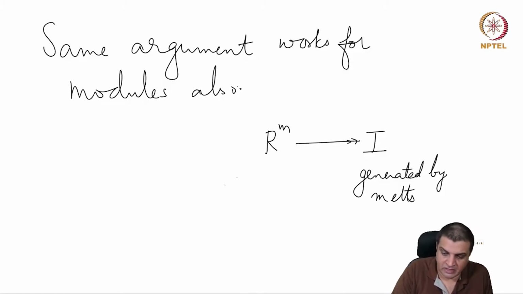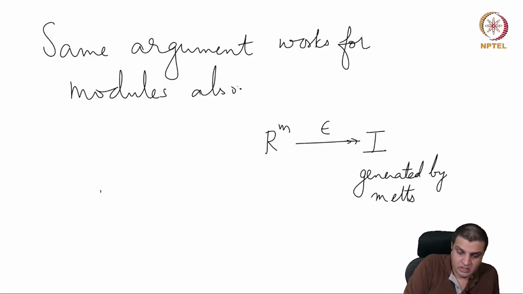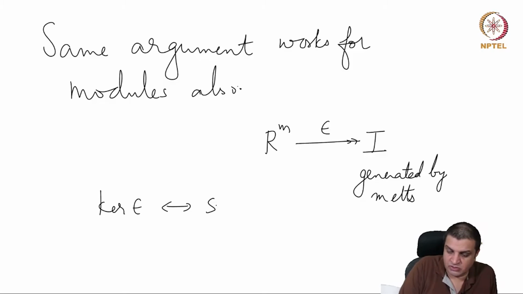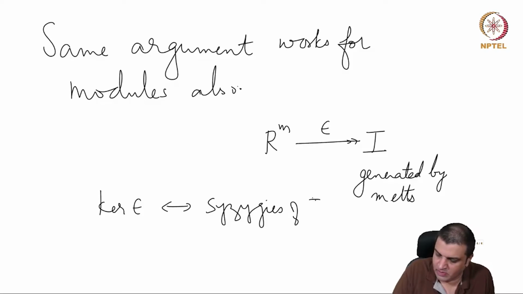This would give the kernel of this map. So let's call this map epsilon. The kernel of epsilon gives the syzygies of the generating set of I.